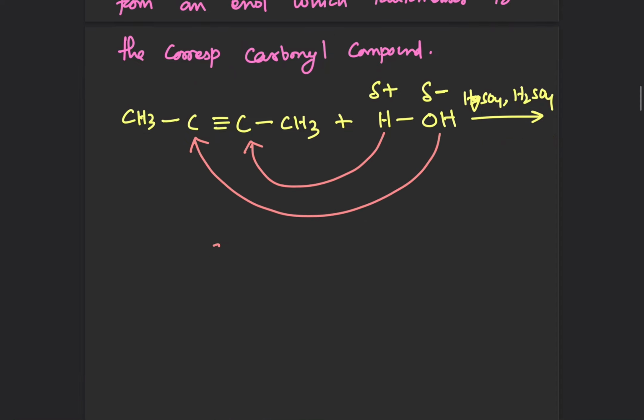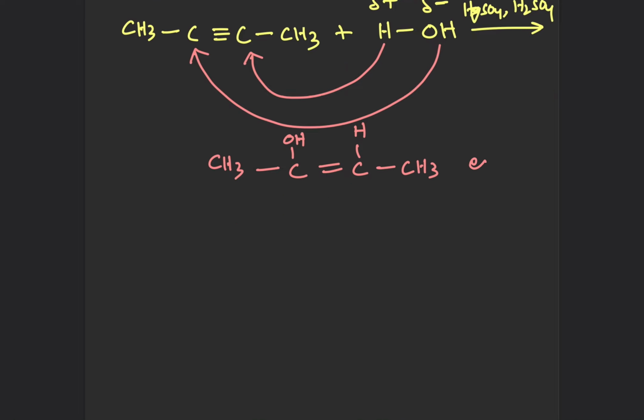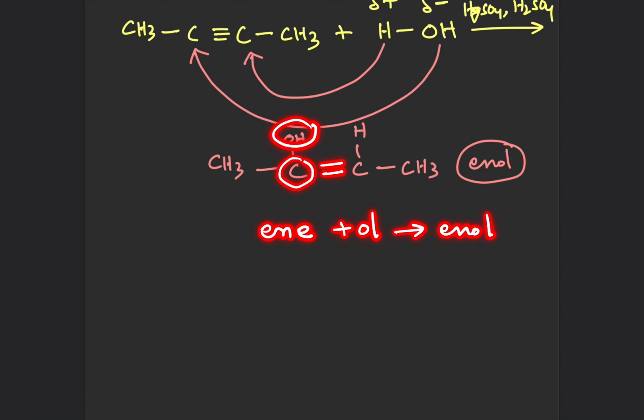Okay, so therefore, after addition, let's say, using arrows, I add H here and I add OH here. So therefore, I will get CH3 C(OH) double bond CH CH3. Okay, so this is our enol. Because look, this carbon has both a double bond, which is ene, and it is also connected to an OH alcohol, plus ol, therefore it is known as an enol.